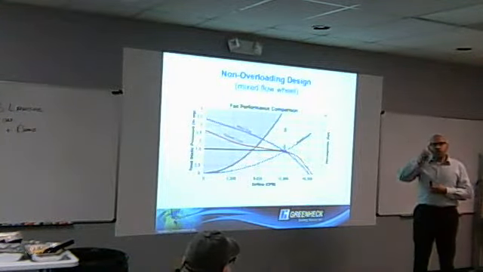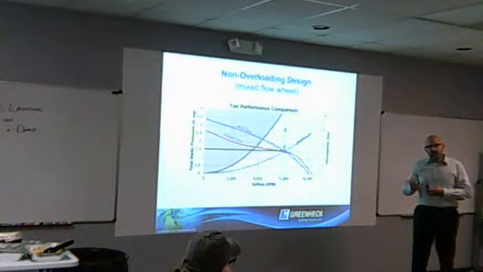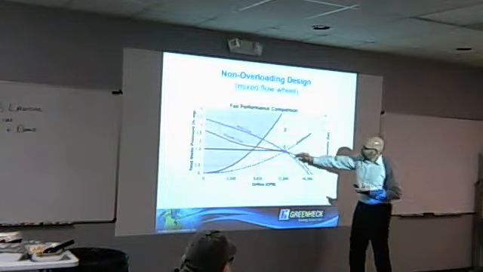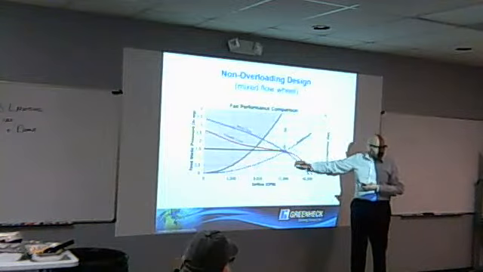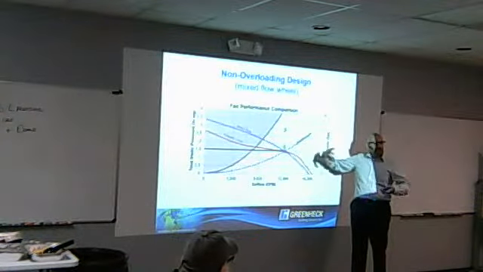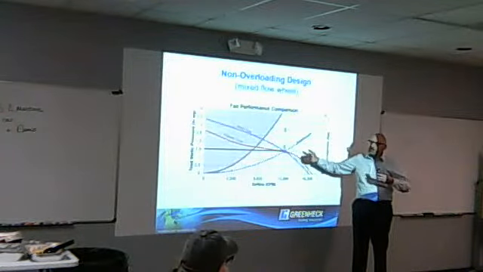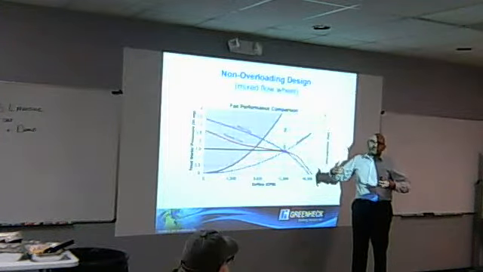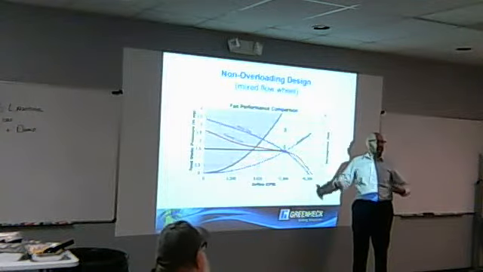What happens in an overloading wheel is that if there's a reduction in system pressure for whatever reason, the system may be changed, or maybe it wasn't installed the way it was drawn, it was just installed better.